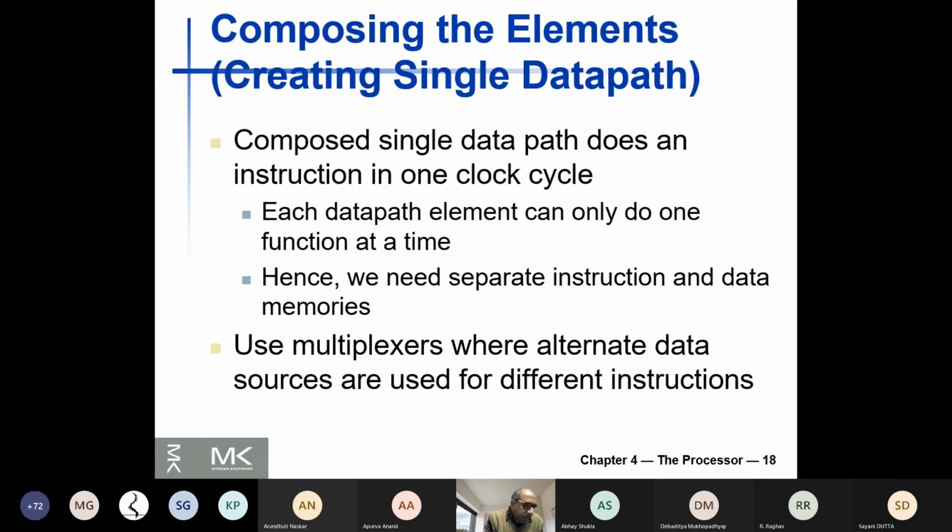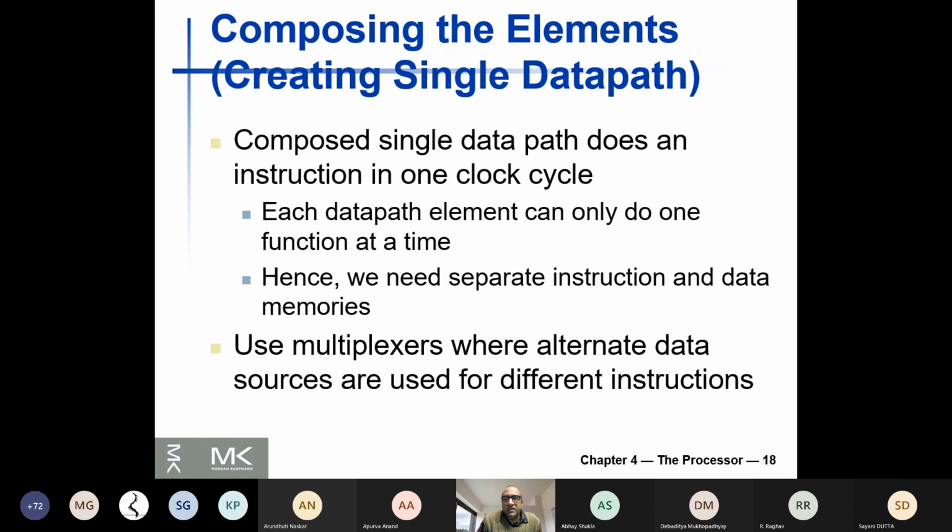So in the last class we started the design of a processor. It's nothing but knowing how to design a data path, the different components or entities present in a processor that perform the actual operations.